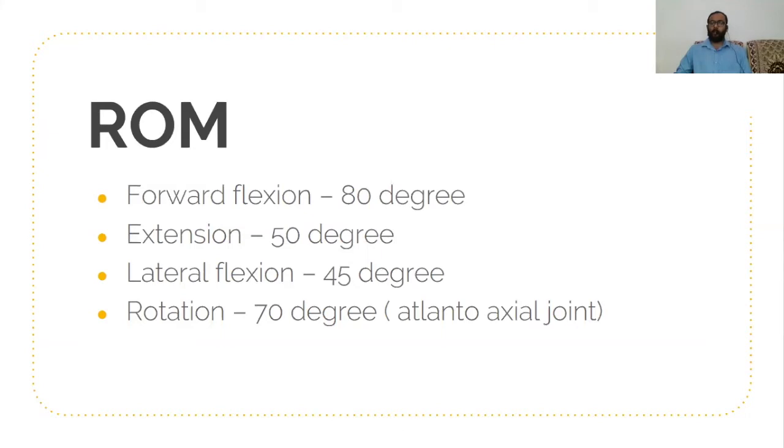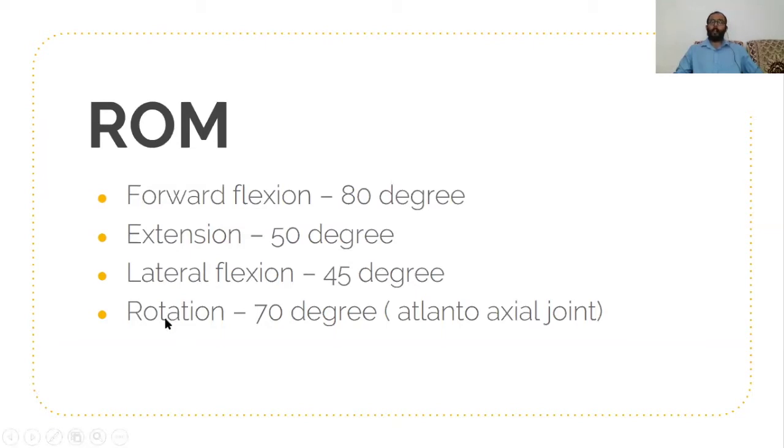I repeat, the most common cause of cervical and shoulder pain is cervical spondylosis, and shoulder pain occurs when there is C4, C5 compression. But the most common site of cervical spondylosis and disc prolapse is C5, C6.